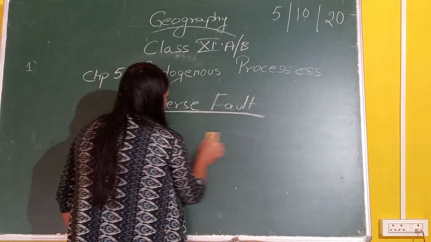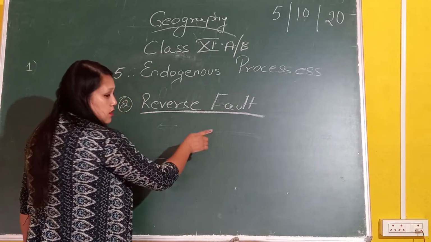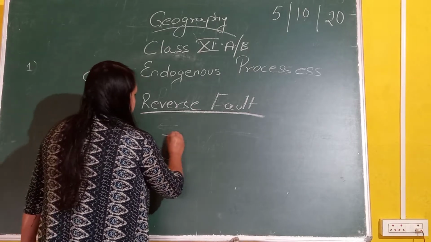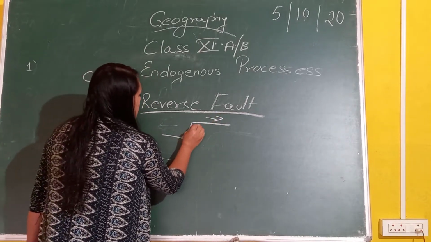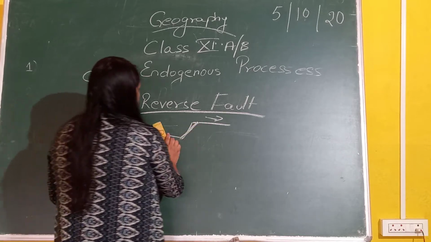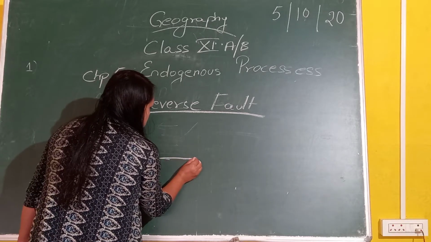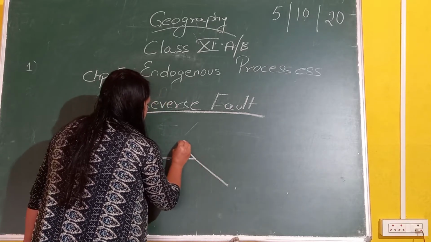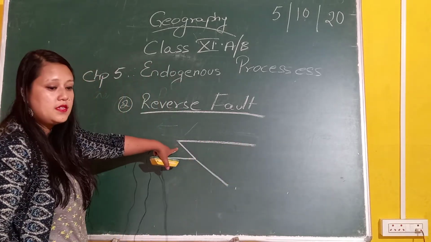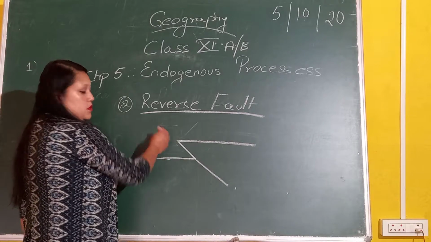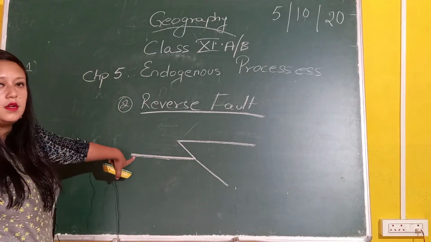Because of the reverse kind of fault, see, in the first one you saw that the land was moving away, inclined away from the point. Now here in the second one, if you look at the cracks properly, the elevated part of the land comes upwards, on top of the lower land.